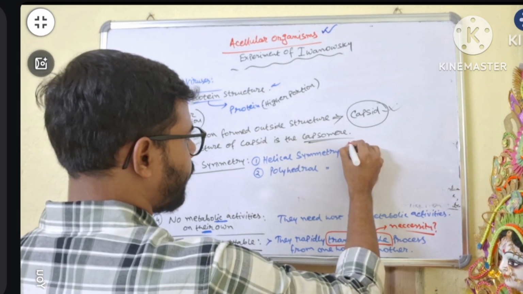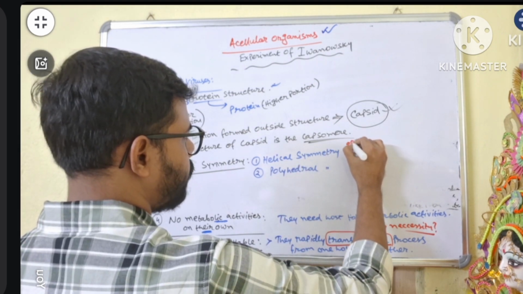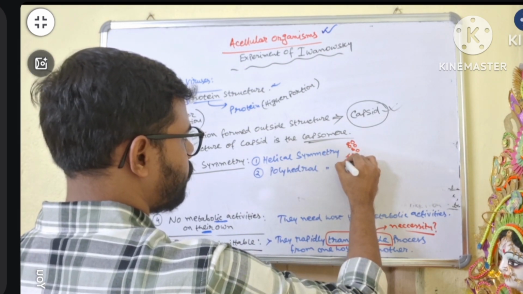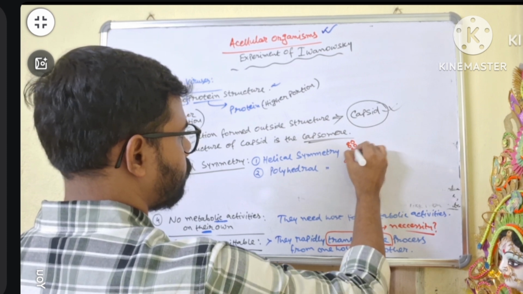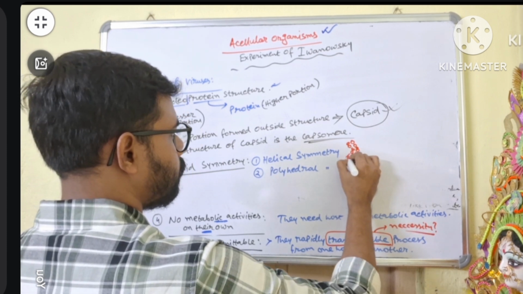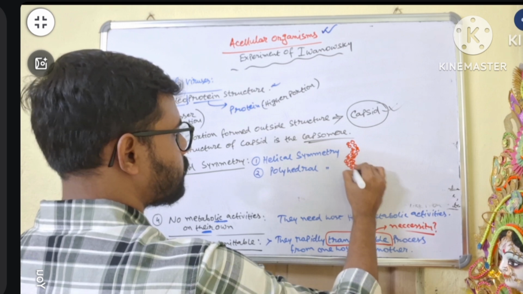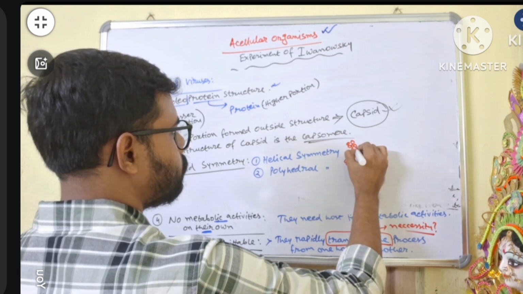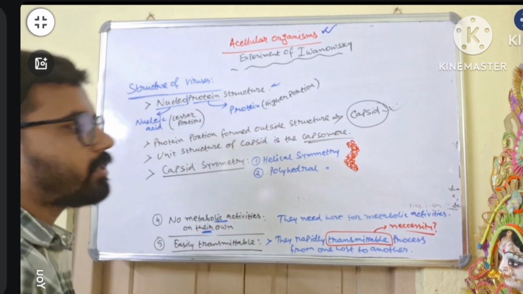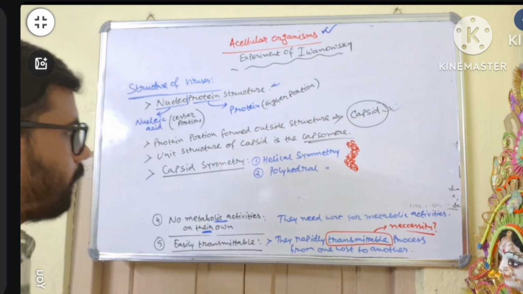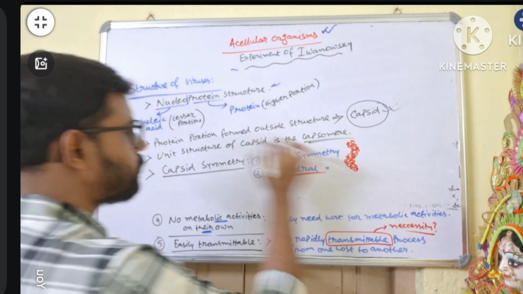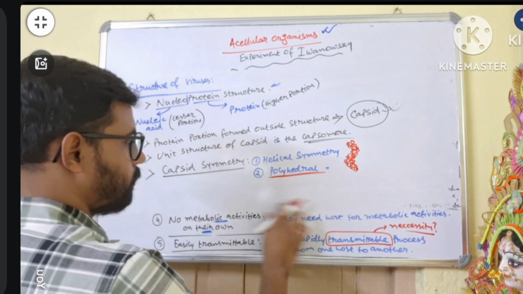Helical symmetry looks like capsomeres are joined and form a helical shape like that. These small circles are each a capsomere, and the whole structure is the capsid, and it is helical in shape. So that is helical symmetry, and the other more common symmetry is polyhedral.